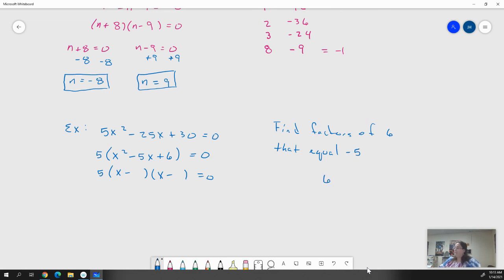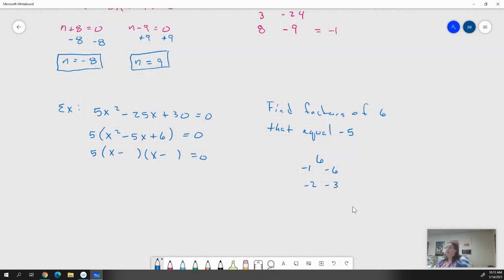So for 6, if I want them both negative, I'm going to have negative 1 times negative 6, and negative 2 times negative 3. This is a small number, so we don't have any more factors. These add up to negative 7, these add up to negative 5. So these are the ones that we're going to use. So here I'm going to put in 2, and here I'm going to put in 3.